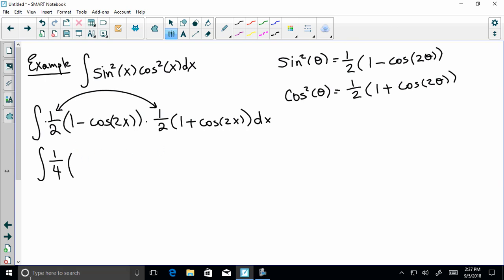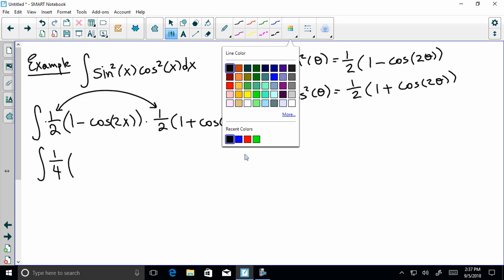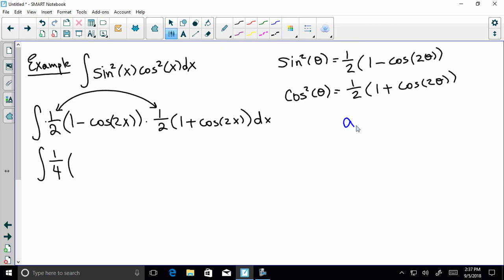The identity I can use is a minus b times a plus b is a squared minus b squared. Who remembers this identity? One person. 2 people. Okay, 3. All right. So you can use this identity or you can multiply them out, which is just the FOILing method, right?